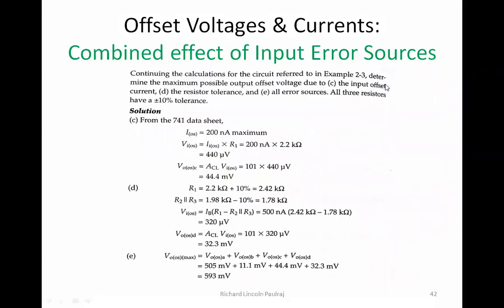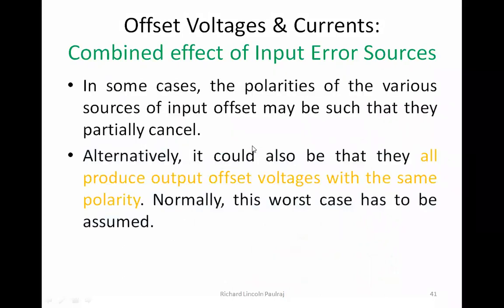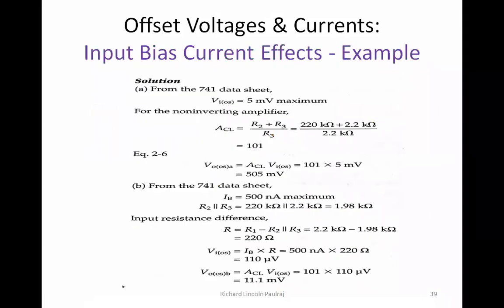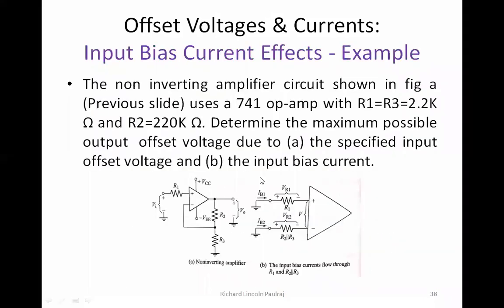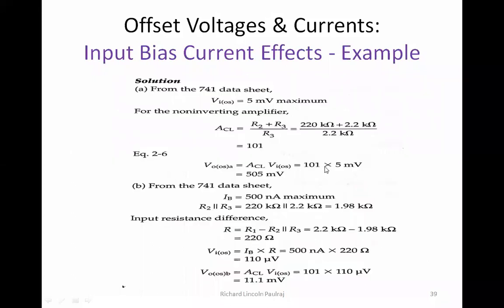Now let's continue with the solving of the problem. In the previous one we had solved A and B. A and B were about finding the input offset voltage and the input bias current. So this input bias current, how did we find it? We found it because of the change in the resistance. This was the key formula for us: R1 minus R2 in parallel with R3.